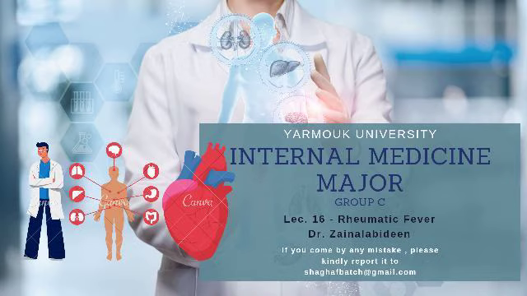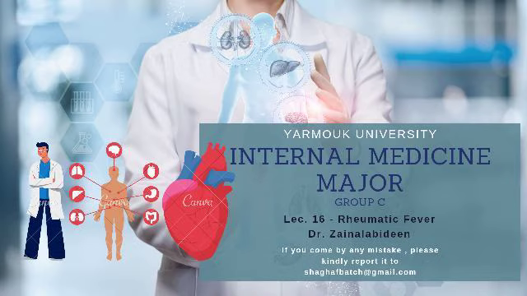Or you can use again phenoxymethyl penicillin, which is the penicillin V, 200 milligram BID twice daily. Alternative, sulfadiazine, erythromycin. Recurrence is usually very rare after the age of 21 years.